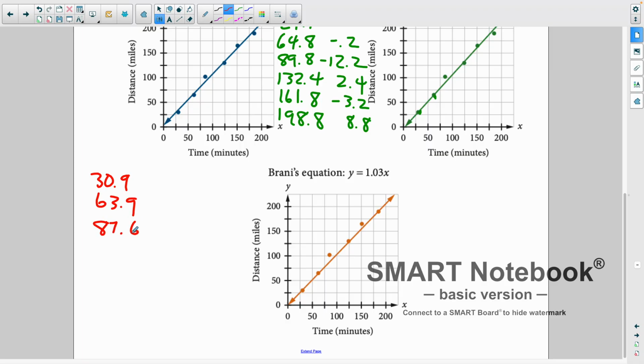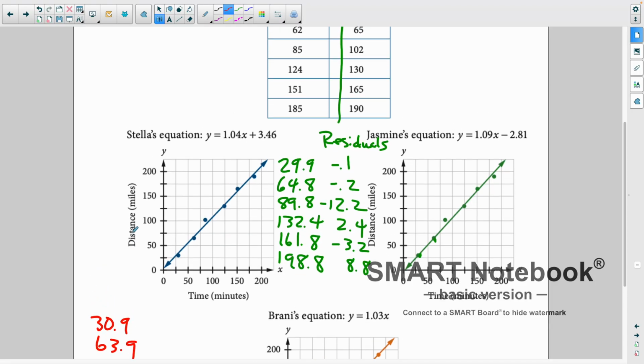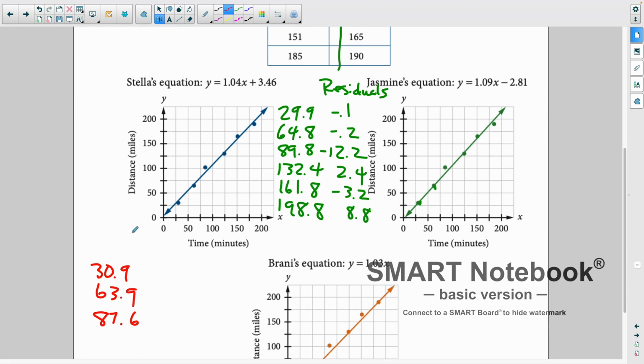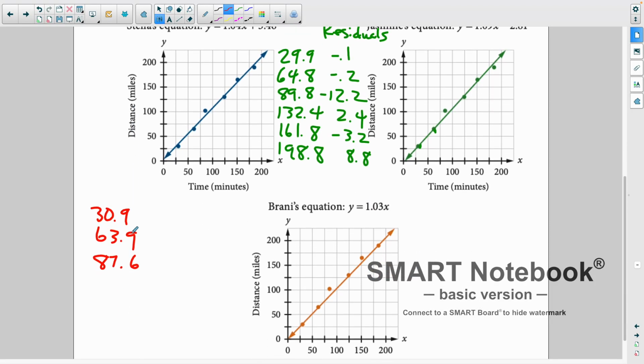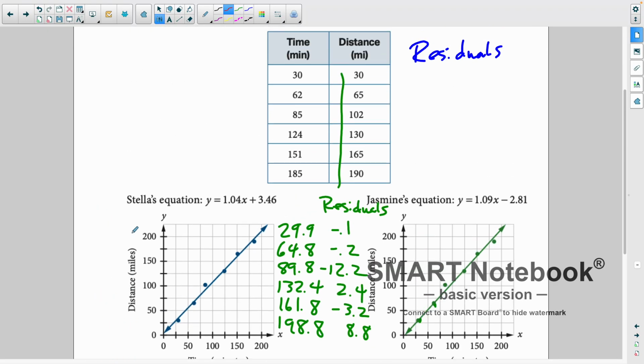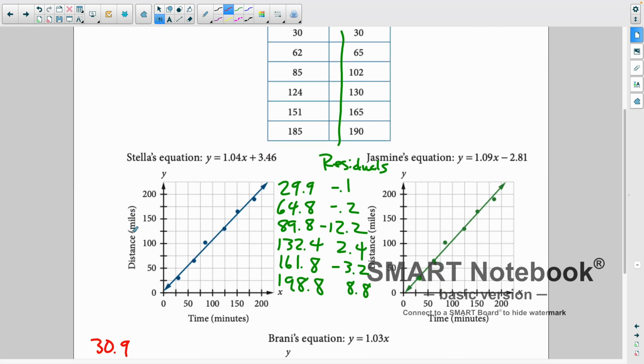I'm rounding to the nearest tenth. Okay. 1.03 times 124, that should be 124. So that's 127.7.